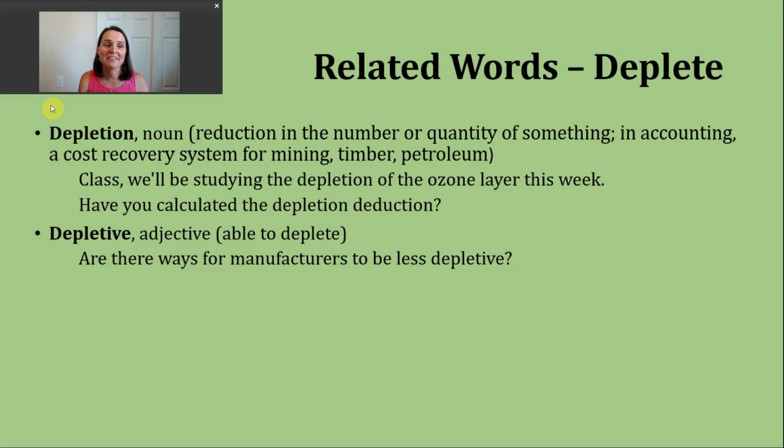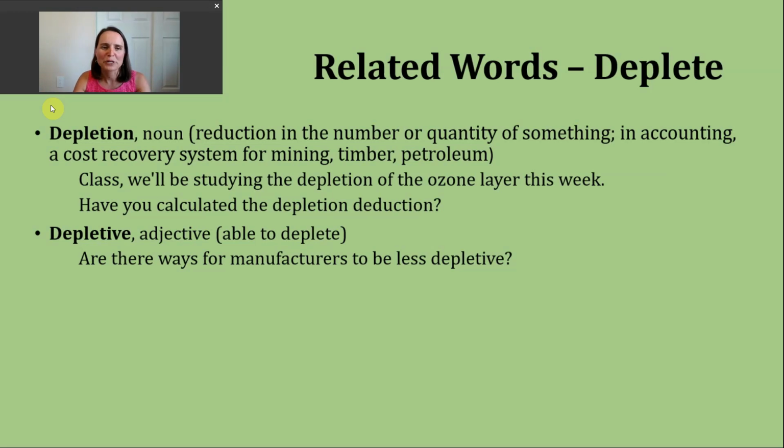My example of this definition might be, have you calculated the depletion deduction? That's a common phrase that you would hear related to accounting, and particularly within very specific industries and the way in which they account for expenses and income.